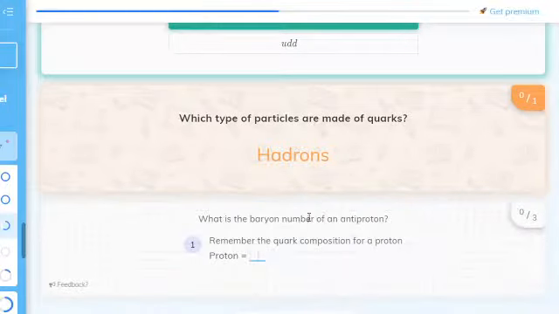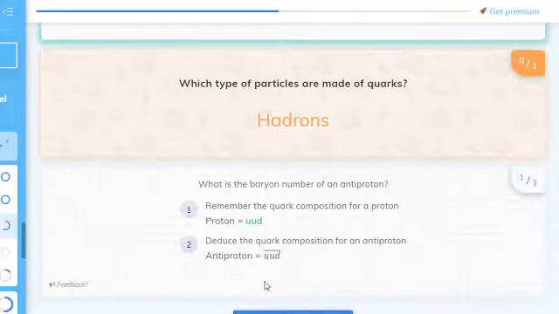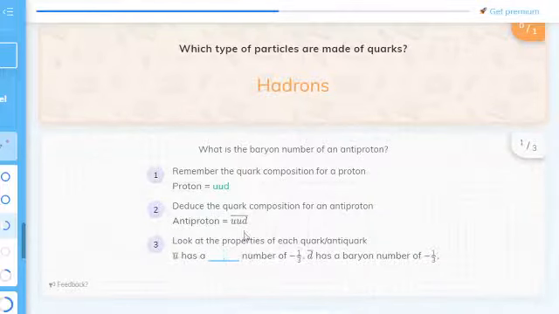What's the baryon number for an antiproton? Remember that the quark composition for a proton is UUD, and the antiproton is the opposite of that. So look at the properties.